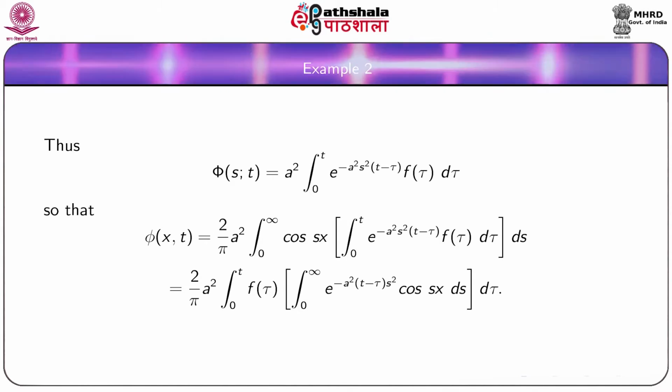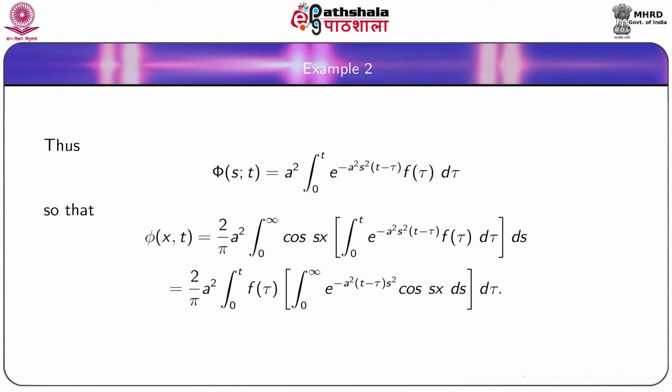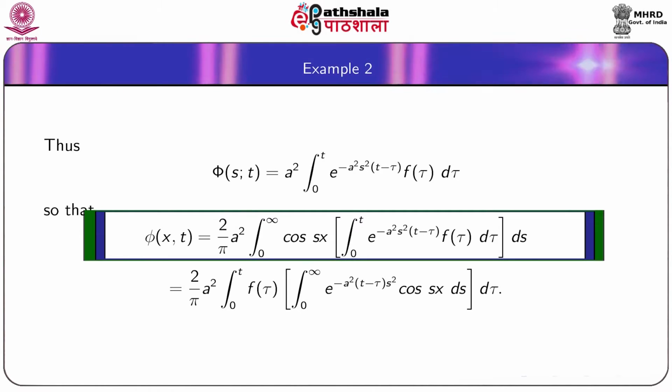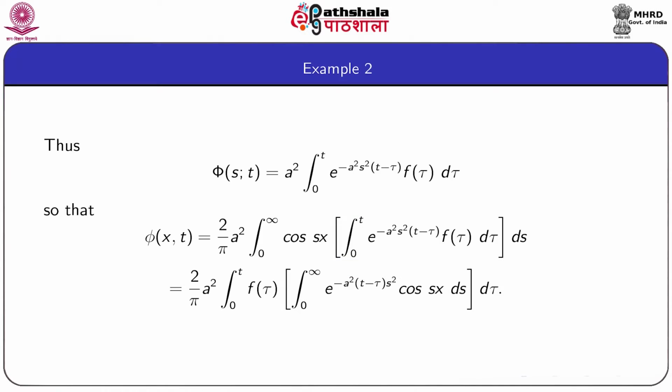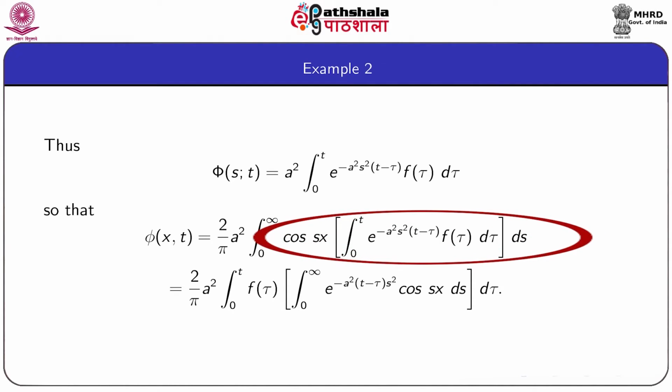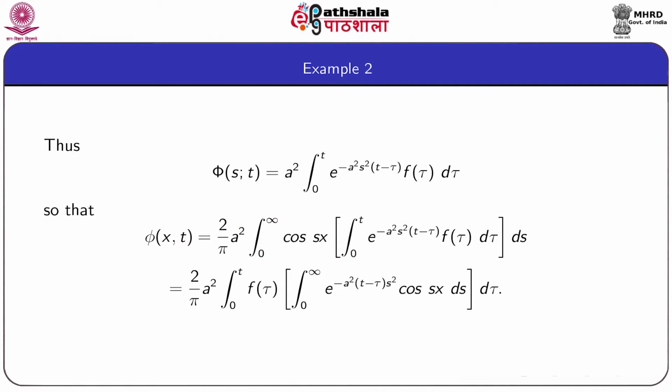Now, taking the inverse transformation formula, we obtain φ(x,t) equal to 2a²/π times the integral from 0 to infinity of cos(sx) into the integral from 0 to t of e^(−s²a²(t−τ)) f(τ) dτ ds.